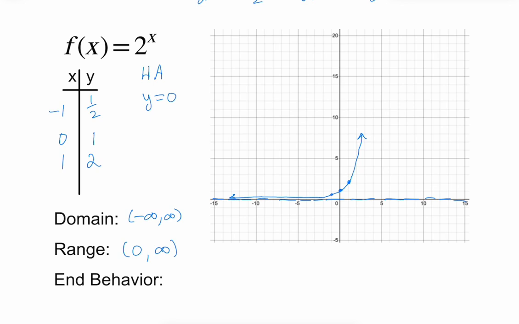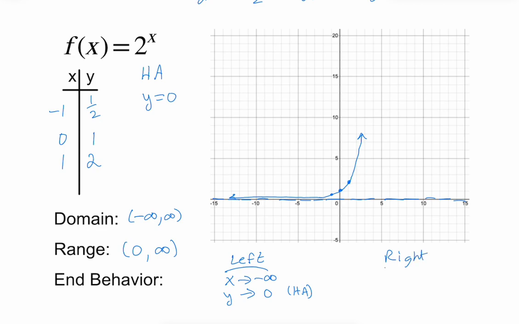So let's talk about end behavior. So let's do the left end. As the x is heading to the left, negative infinity, the y value, as long as it hasn't been flipped upside down, will be heading toward the horizontal asymptote. So it's heading to a y value of 0. That's our horizontal asymptote. So one end is always heading to the horizontal asymptote.